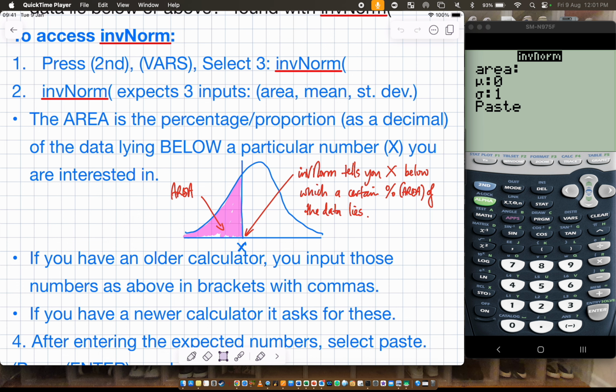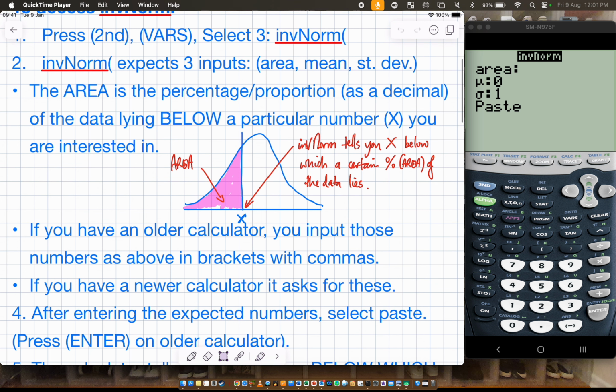If you have an older calculator, you input those numbers as above in brackets with commas. You put the numbers, area as a decimal, mean and standard deviation separated by commas.